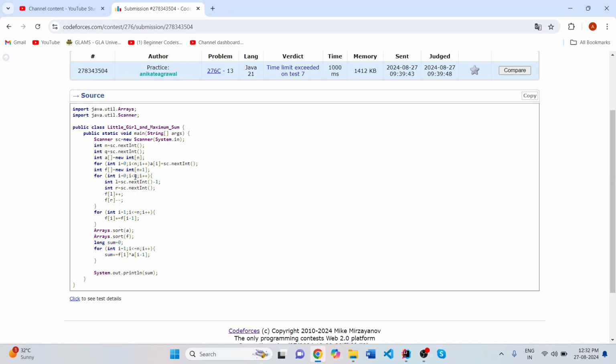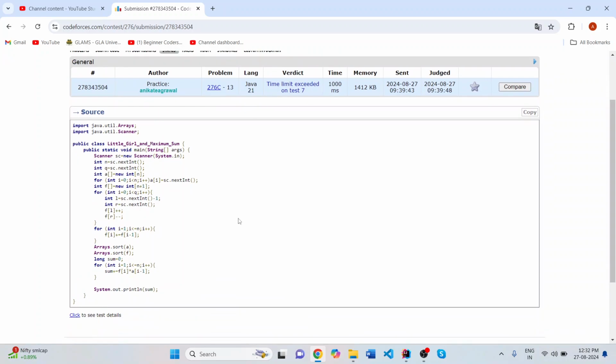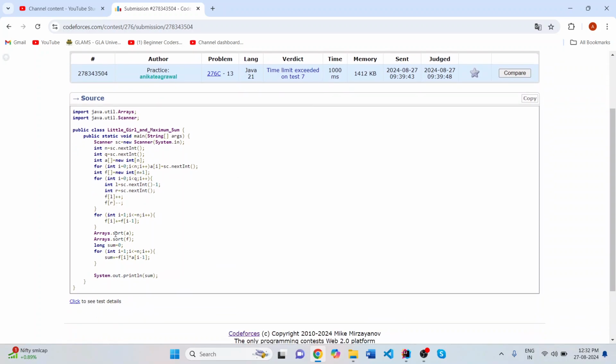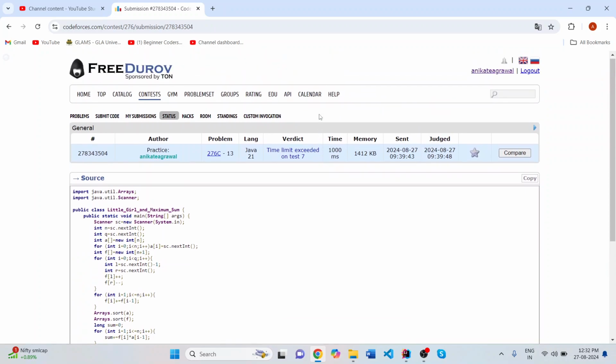See, this is the same solution that I've shown you guys, and Java 21 is selected and it gives me TLE, although it is perfectly in range as we are doing sorting of 10 to the power 5 constraints. The only approach we can think of is sorting or binary search. This is the fixed thing. It is in bounds, but I'm still getting TLE.